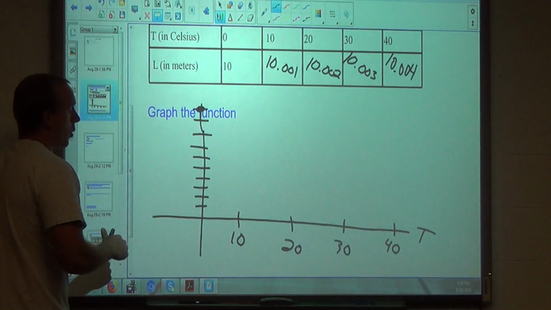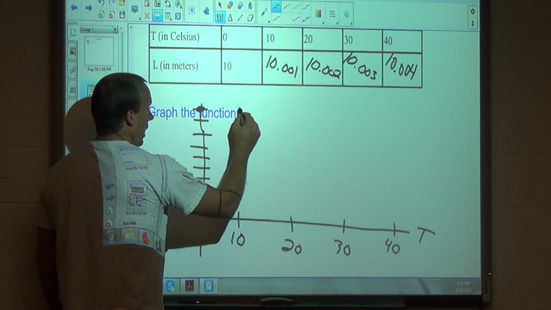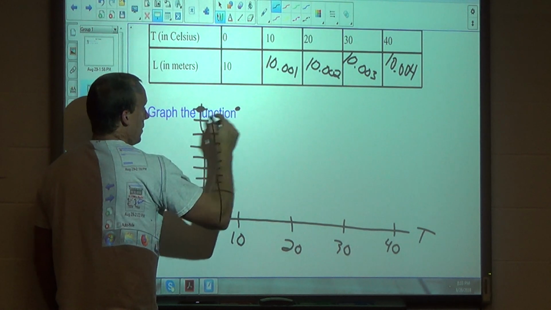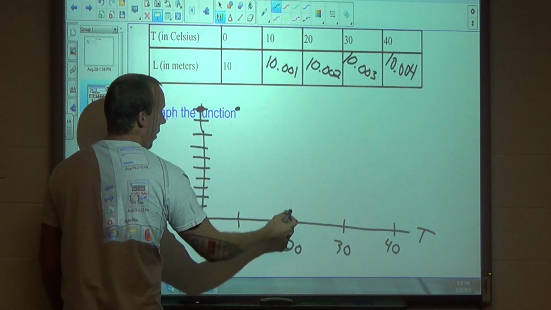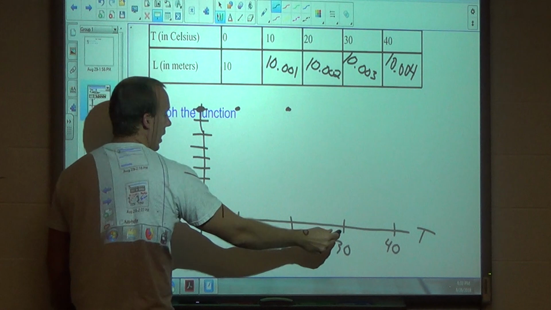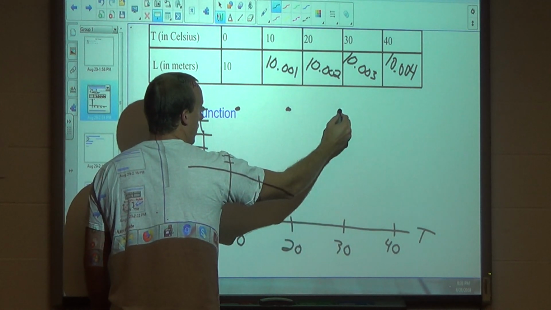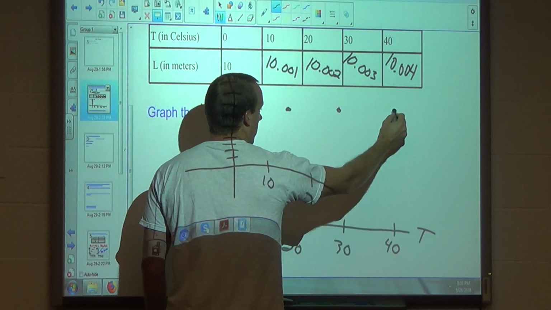Now I can plot the points. 10.001 looks like right here. 20 degrees now would be 10.002, so about right here. At 30 it'd be 10.003, so right here. And at 40 it's 10.004.